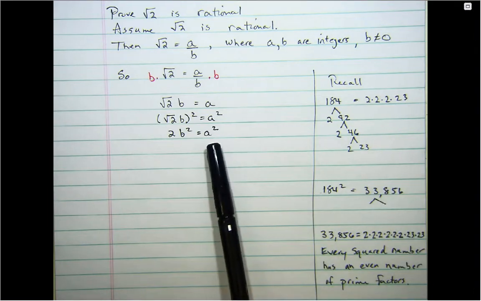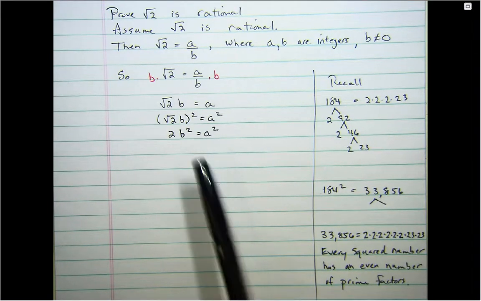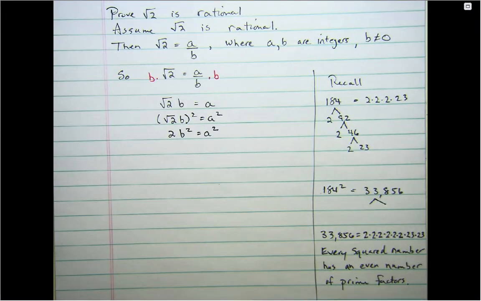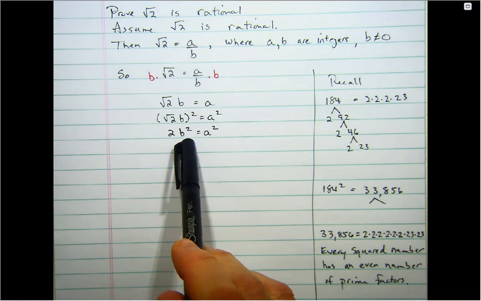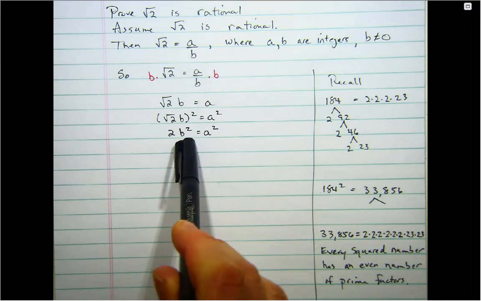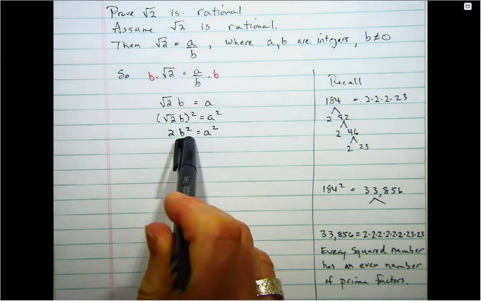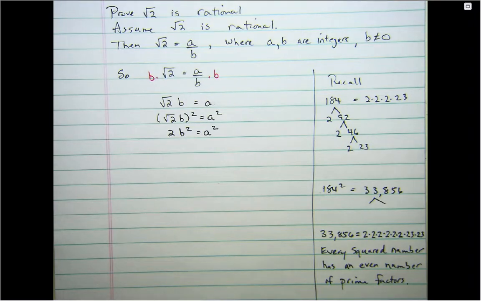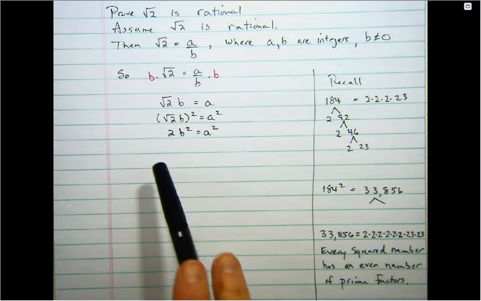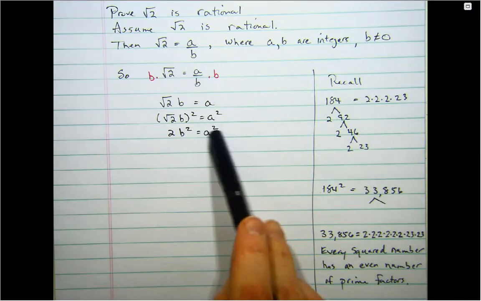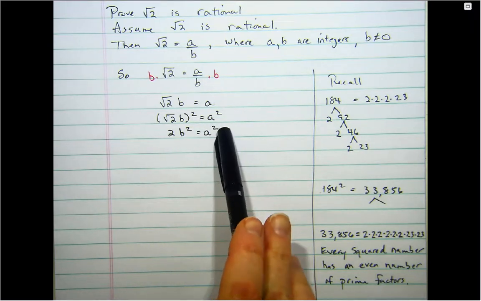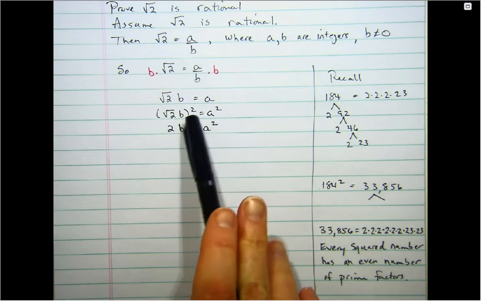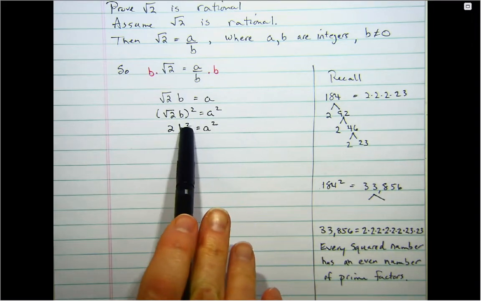So I don't know what a is, but I know it has an even number of prime factors when you have a squared. And I don't know what b is, but I know b squared has an even number of prime factors. Well, the prime factorization of a number is unique. Here I have an even number of factors in the prime factorization. Here I have in b squared an even number of prime factors.